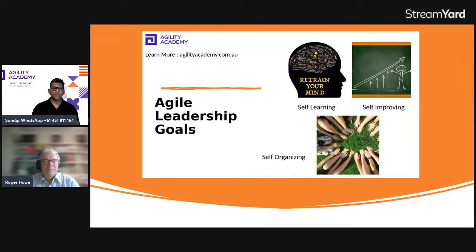But over a period of time, what you expect is empowerment of your team members and staff. Through that, you expect a culture in which people are driven to improve, driven to learn, and self-organize rather than just relying on one particular individual. That's the ultimate goal of agile leadership.